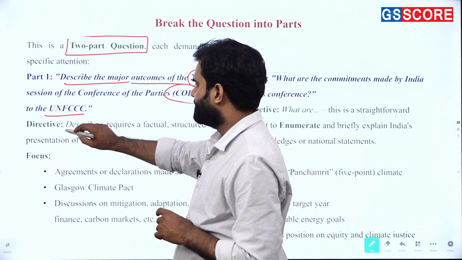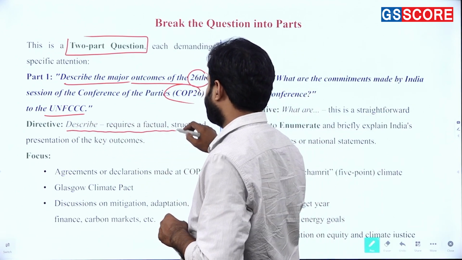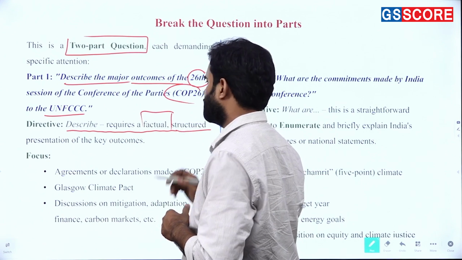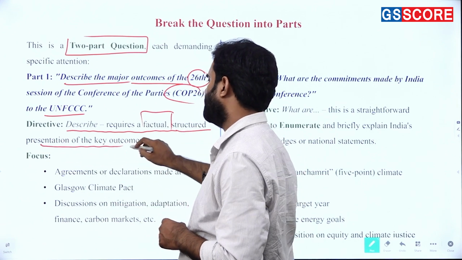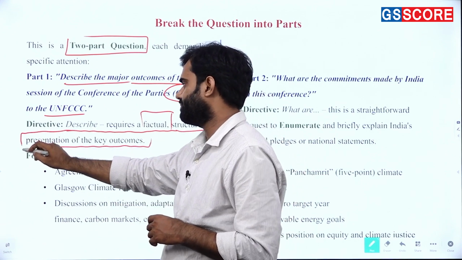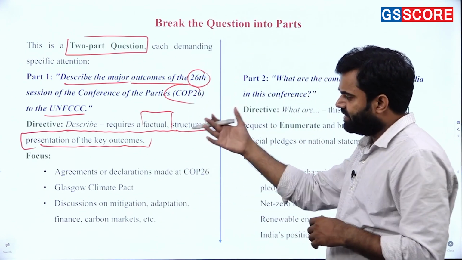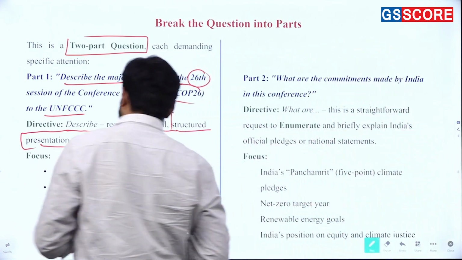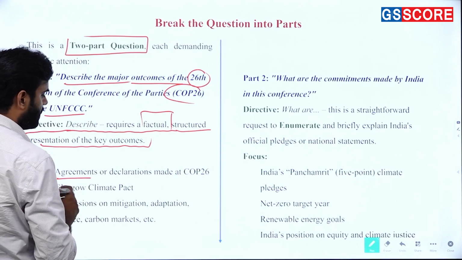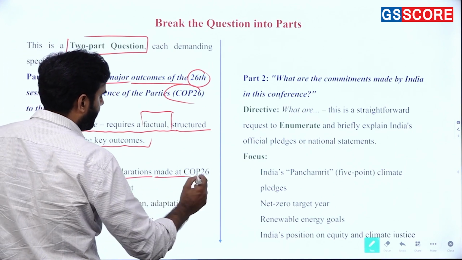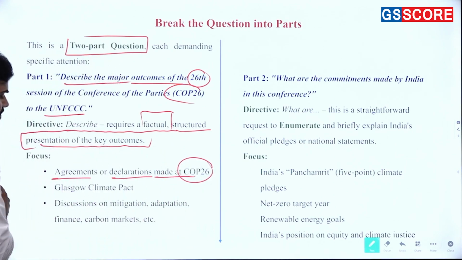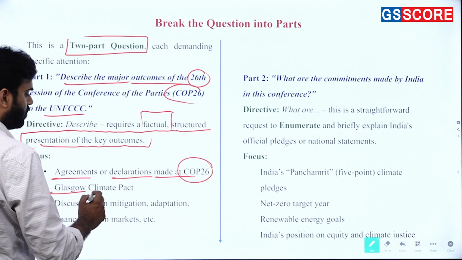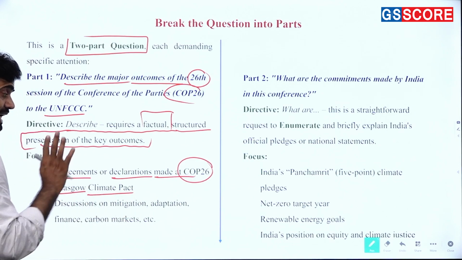Directive means describe, which requires a factual, structured presentation of the key outcomes. And the focus is the agreements or declarations made at COP26, the Glasgow Climate Pact. Getting my points?